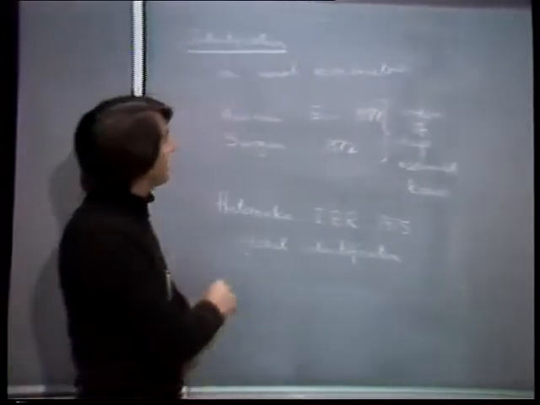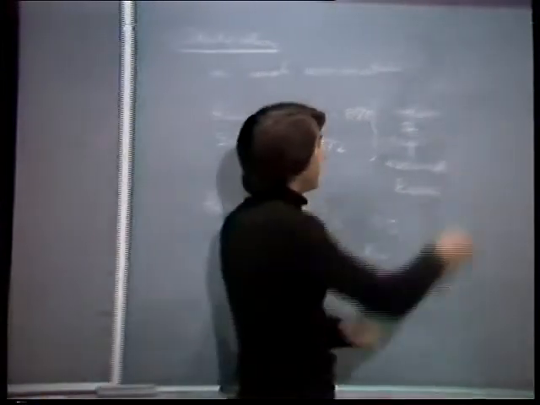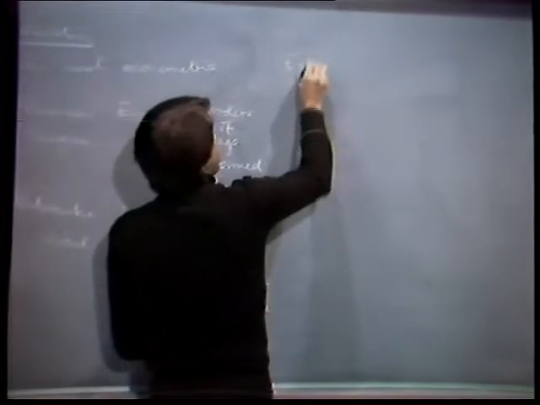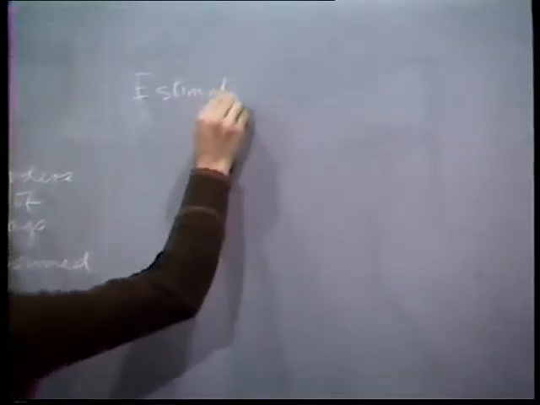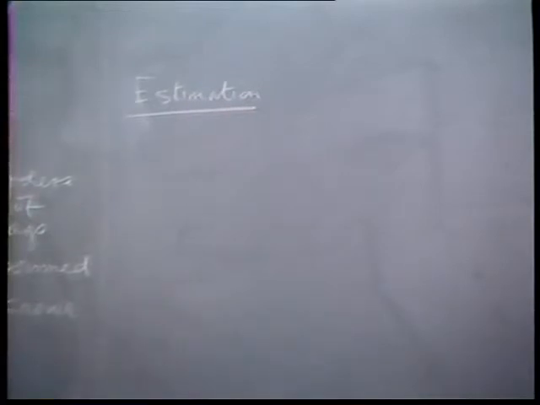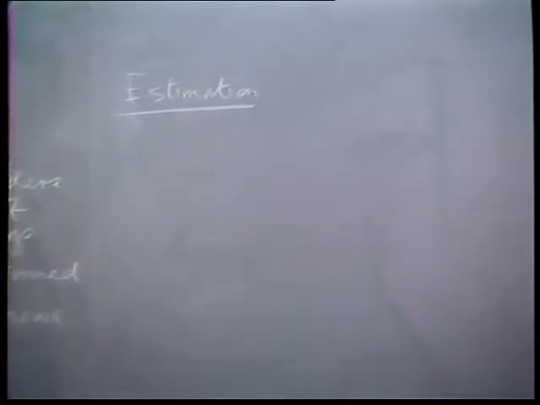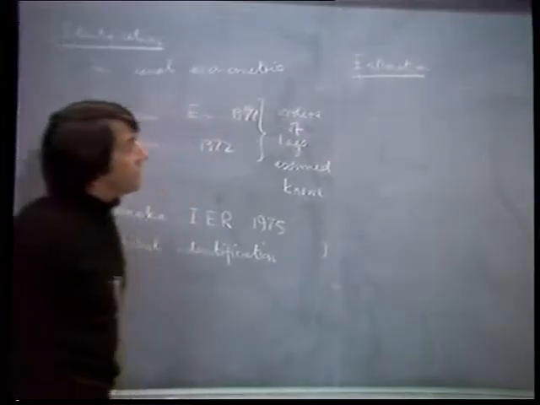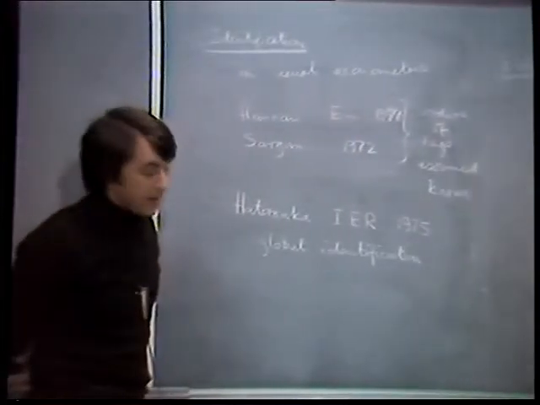And by that I mean that if we now move on to the next topic of estimation of dynamic models, then there are really no serious problems left in considering the estimation of dynamic models.